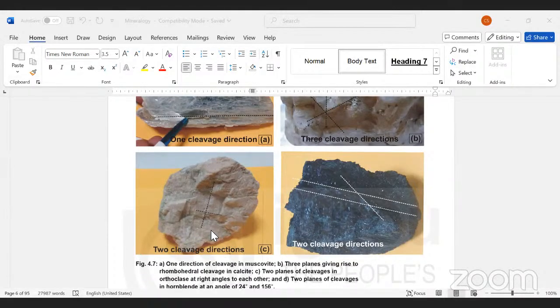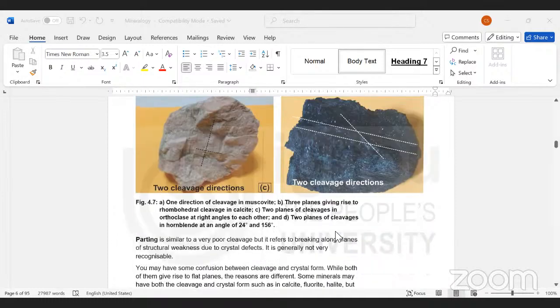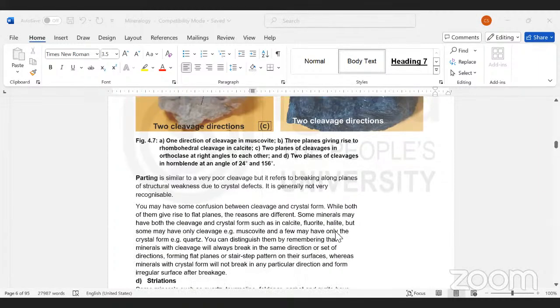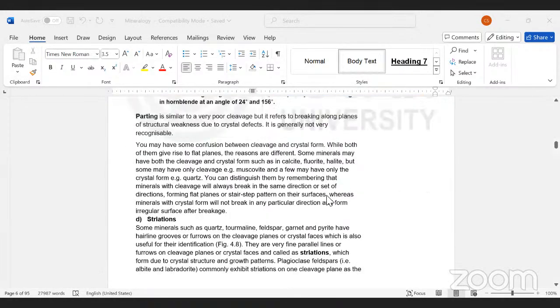Two sets of cleavages, for example orthoclase, and three sets of cleavages, the best example is calcite, and one set of cleavage we can see in mica. The small fractures plotting very poor cleavage we can also see is known as parting.